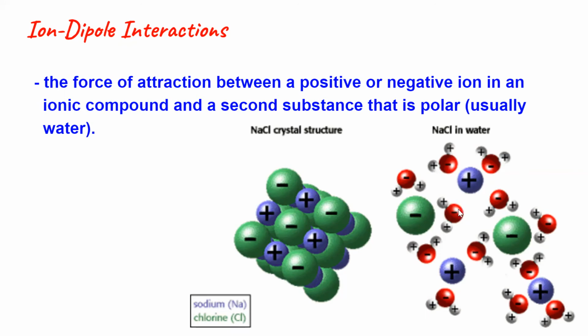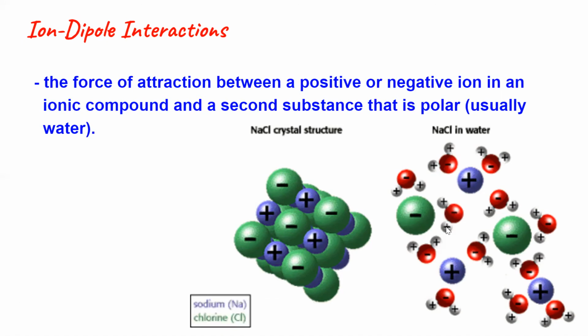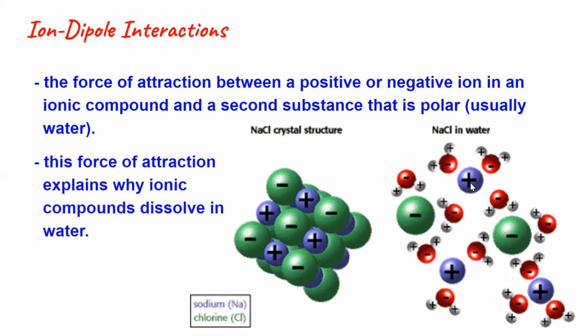In this way, a water molecule helps rip apart this ionic compound and then surrounds that ion, whether it's negative or positive, with the opposite charge. So the positive end of water with negative chloride ions, the negative end of water with positive sodium ions. This force of attraction explains why ionic compounds will dissolve in water.